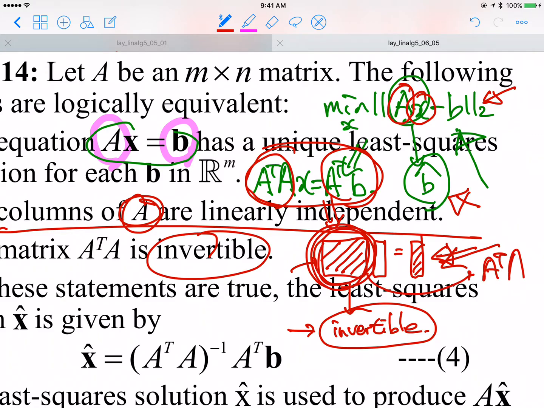This guy is A transpose A. So if the columns of A are linearly independent, then A transpose A is invertible. Okay? So that's from our intuitive understanding that the solution set between these two should be the same.